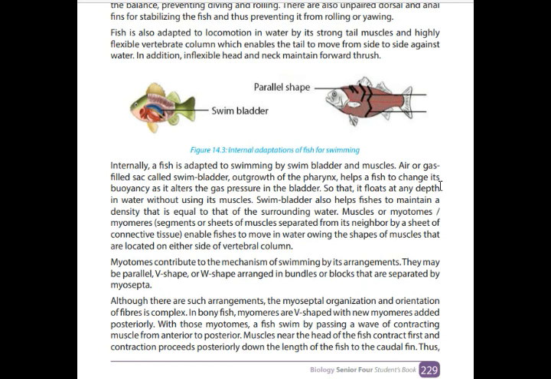In bony fish, myomeres are V-shaped with new myomeres added posteriorly.